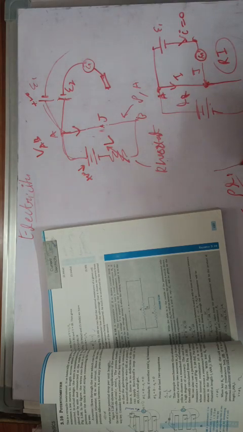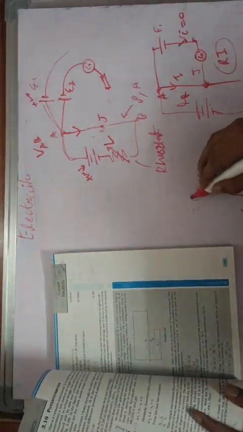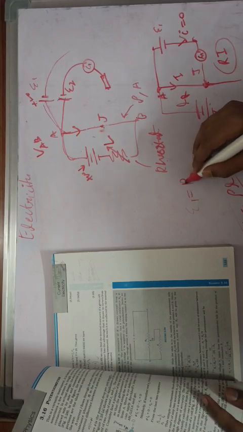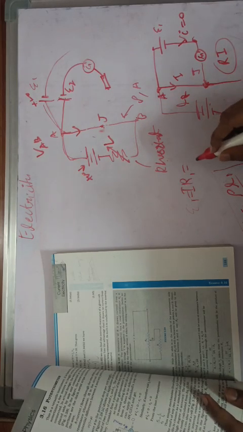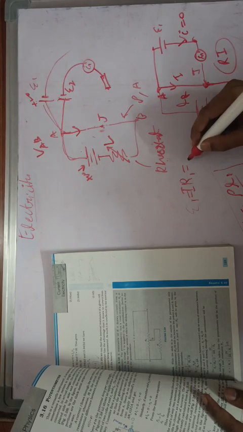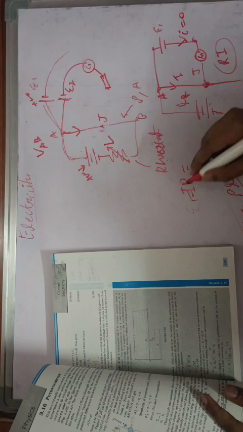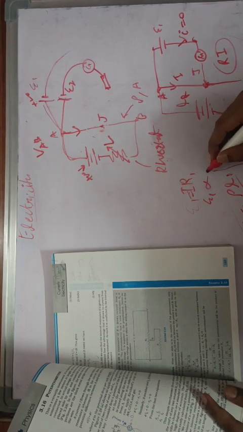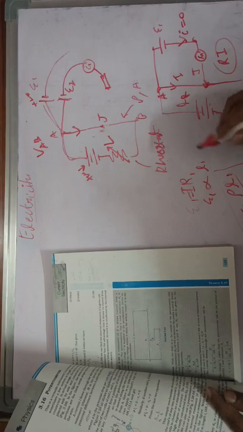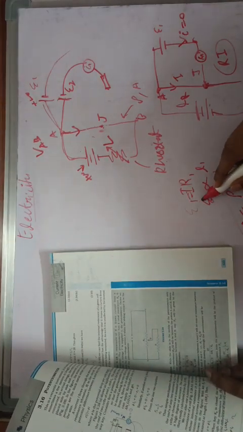So R1 will become rho L1 upon A. So the potential E1 can be written as I1 R1, which gives that I1 is directly proportional to L1, which means E1 is directly proportional to L1.